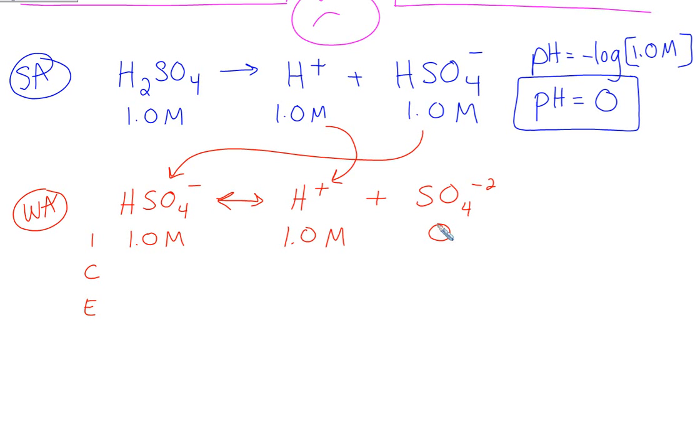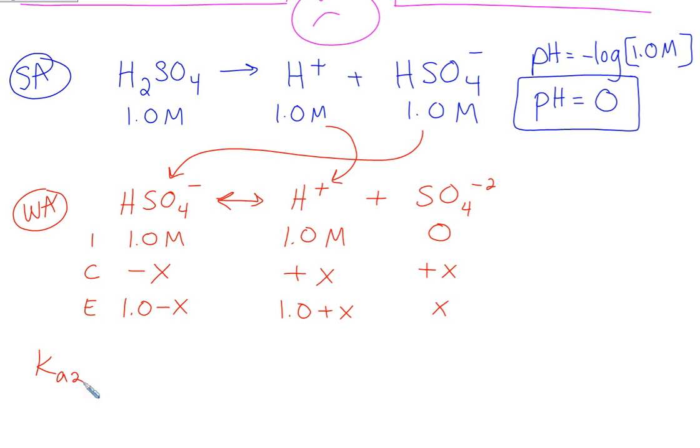I should produce a little more hydrogen. So we'll call it X. This is going to go down. These will go up, plus X. So I'll have 1 minus X. And again, I already have 1 mole of hydrogen, but from the second dissociation, I should get a little more. So we'll say 1 plus X. And then sulfate is just X. Okay, so we have the K value.